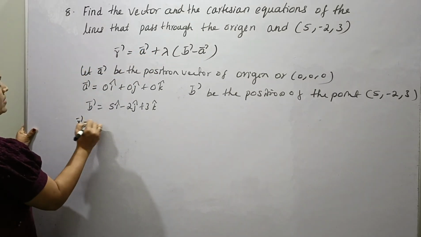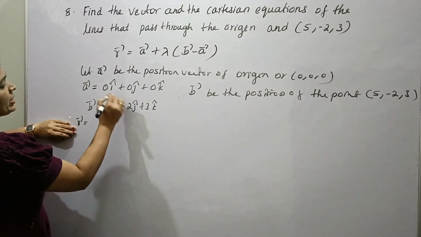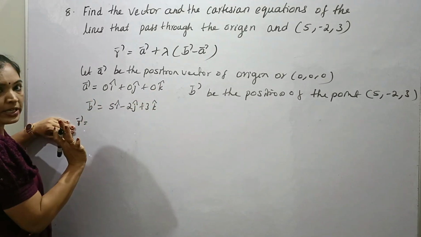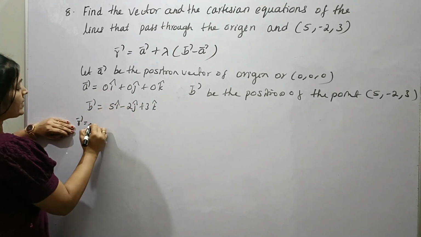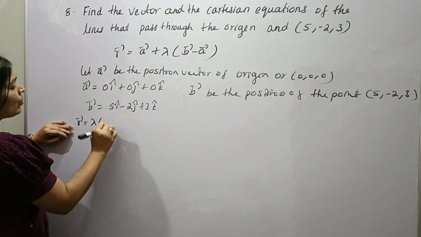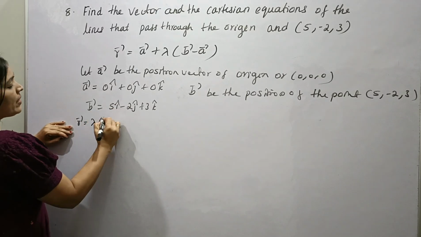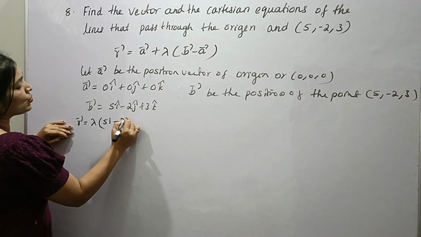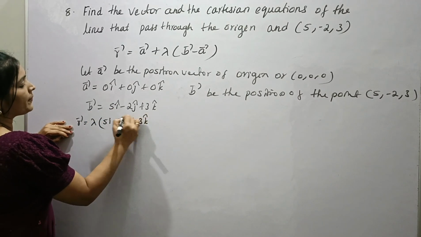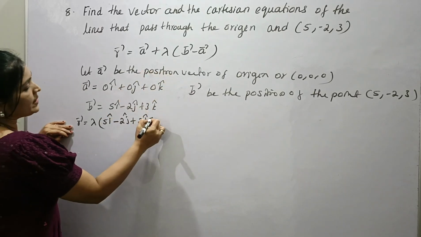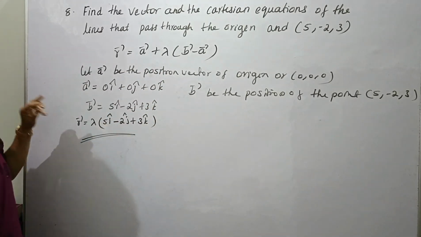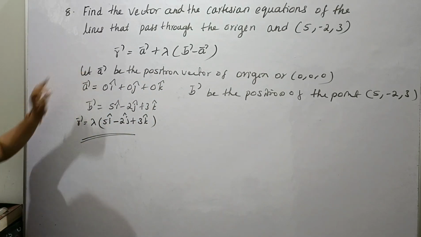Therefore, vector r is equal to vector a, that is the 0 vector, plus lambda into (5i - 2j + 3k minus a, that is 0). So it is the vector equation of the line.